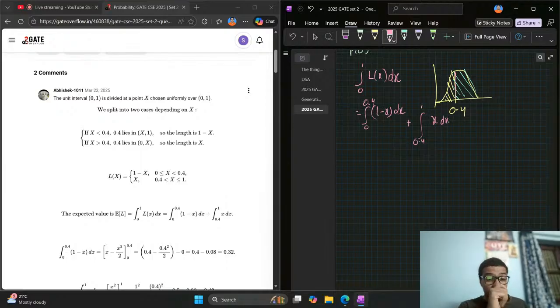Why is it like that? So x less than 0.4, and 0.4 less than x, comma 1. Okay, total length is 1.